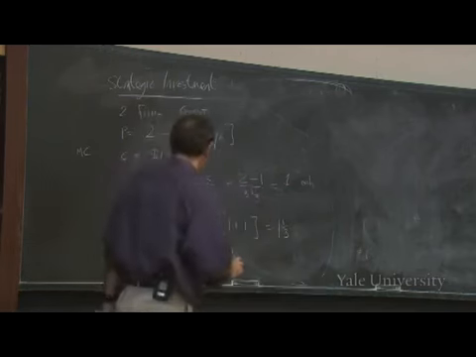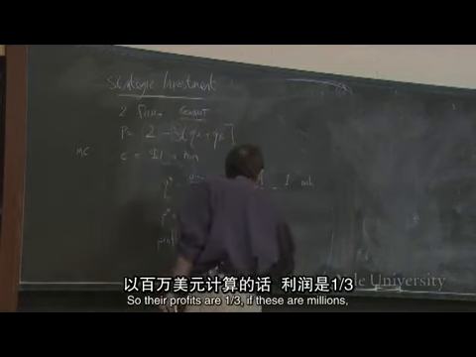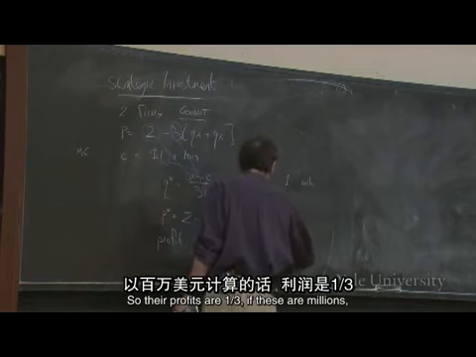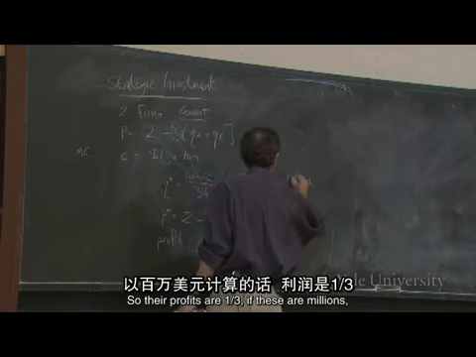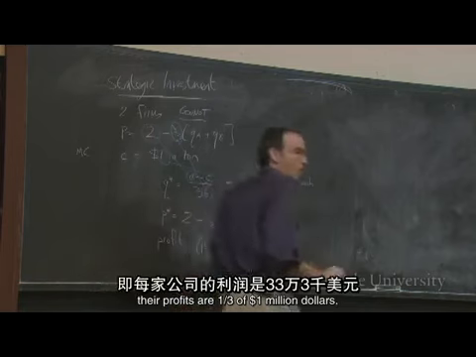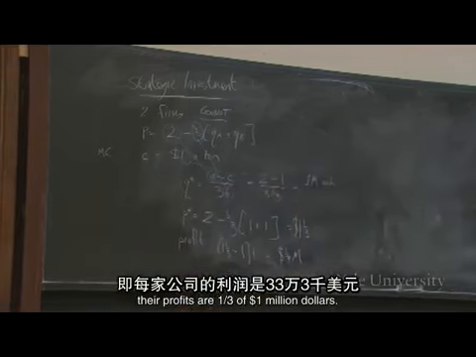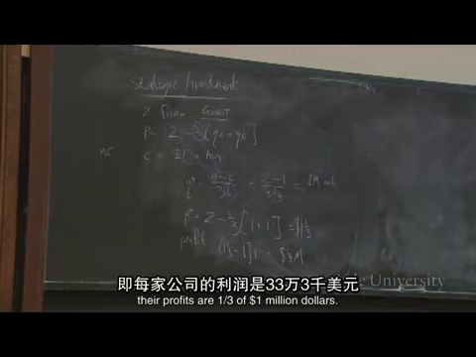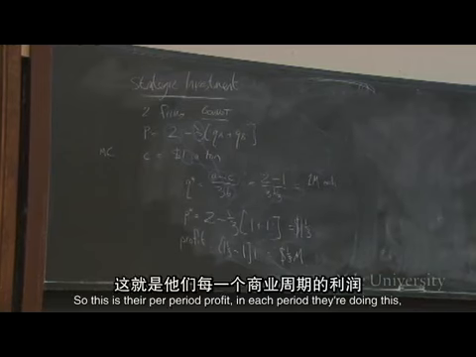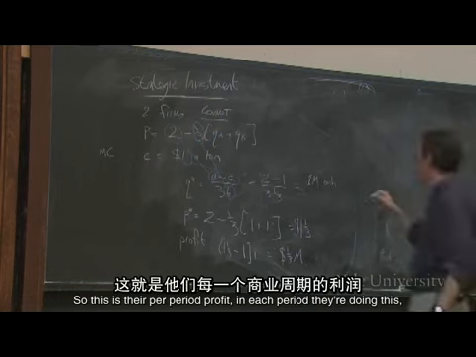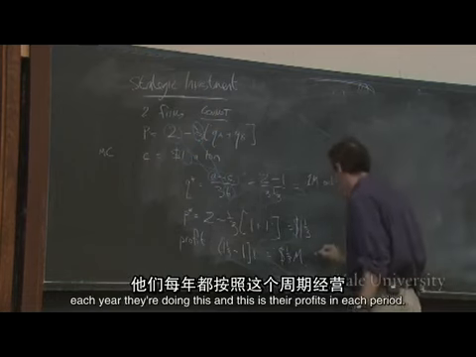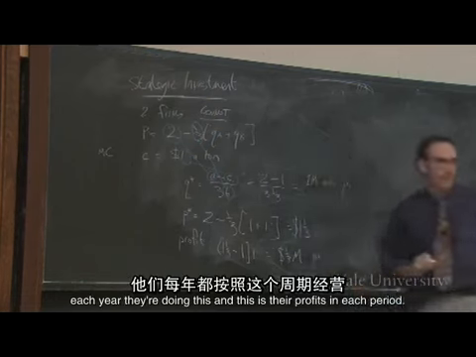So their profits are 1/3 of $1 million. This is their per period profit. Each year they're doing this, and this is their profit in each period.